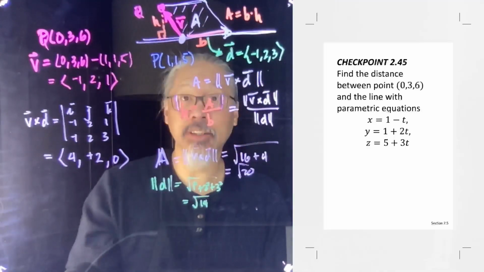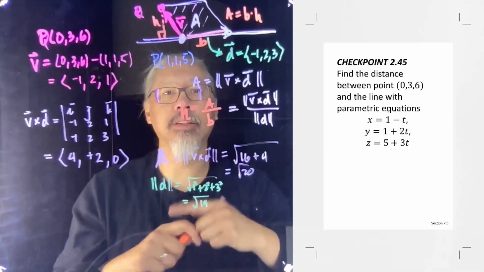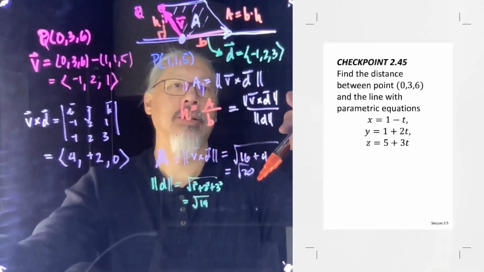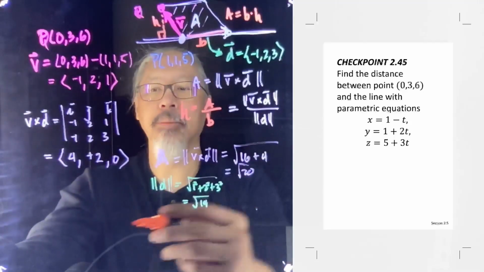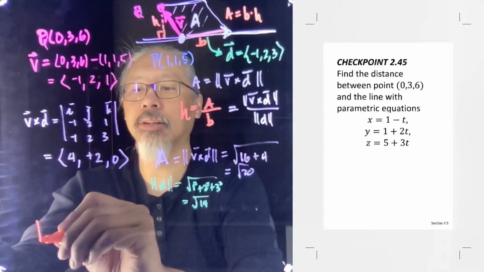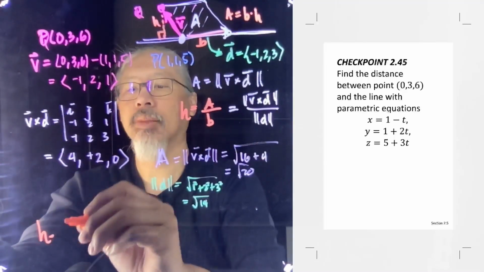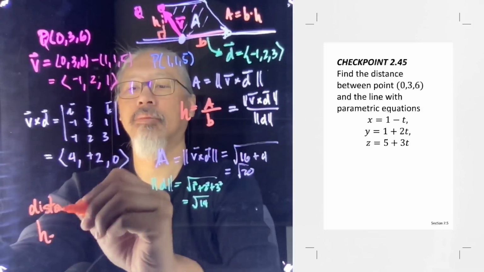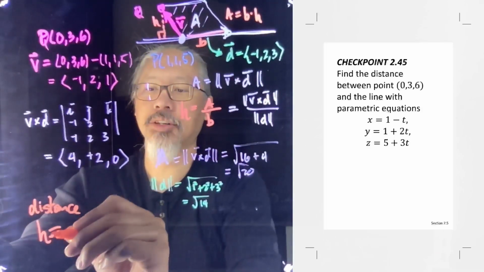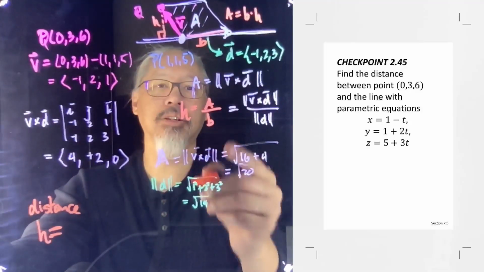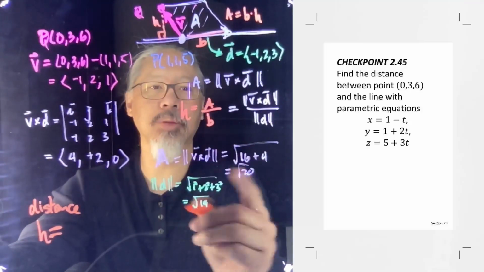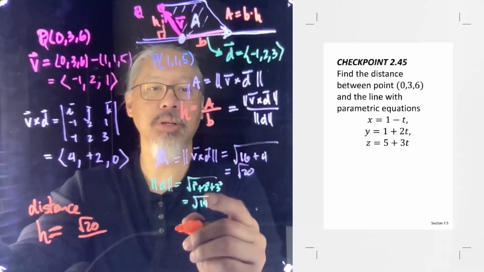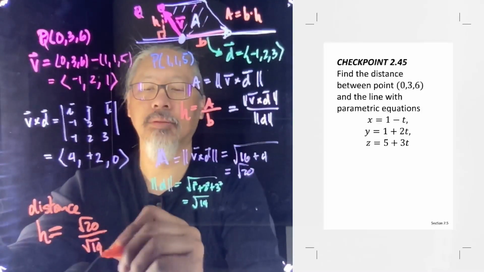So now let's find our distance. Our distance is the area divided by the base, so the magnitude of the cross product divided by the magnitude of d. So the height, the distance, let's call this distance h, the height that we're calling h, which is a over b, and a was equal to the square root of 20 over b, which is the square root of 14.